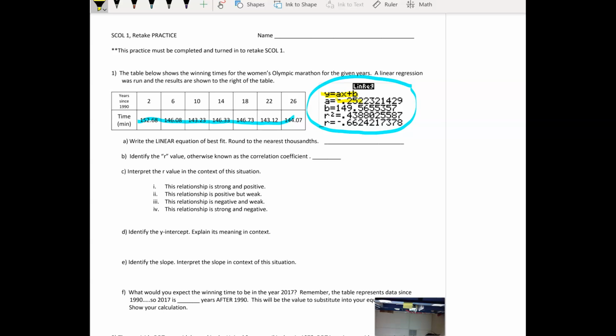I'm going to go to the nearest thousands. And they give me b. And so when I use that number, I will round that up to 566 at the end. But everything that I just highlighted is what's going to go into our equation. So it's just y equals, and then a is a negative 0.252. You put the x behind it, plus your b.